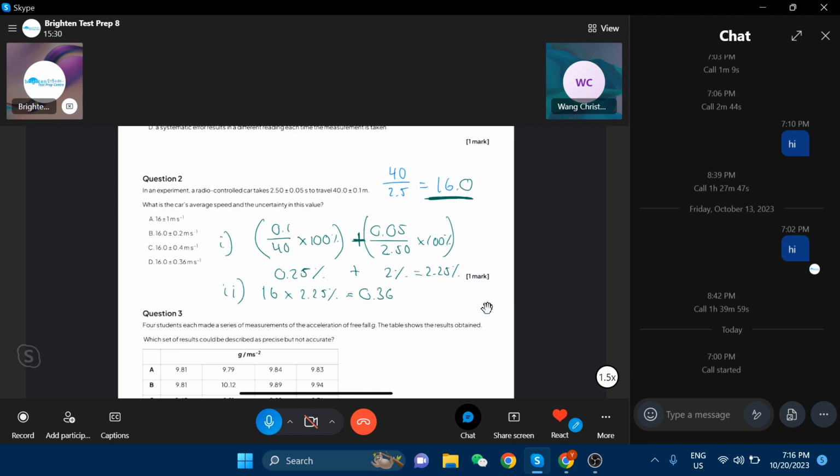Maybe I write it down here as well. It's not that relevant here, but sometimes it's good for the mental picture. When I have 16.0, I can argue it's 16, but I have 0.36, so I have a dilemma and have to decide what my uncertainty value is.